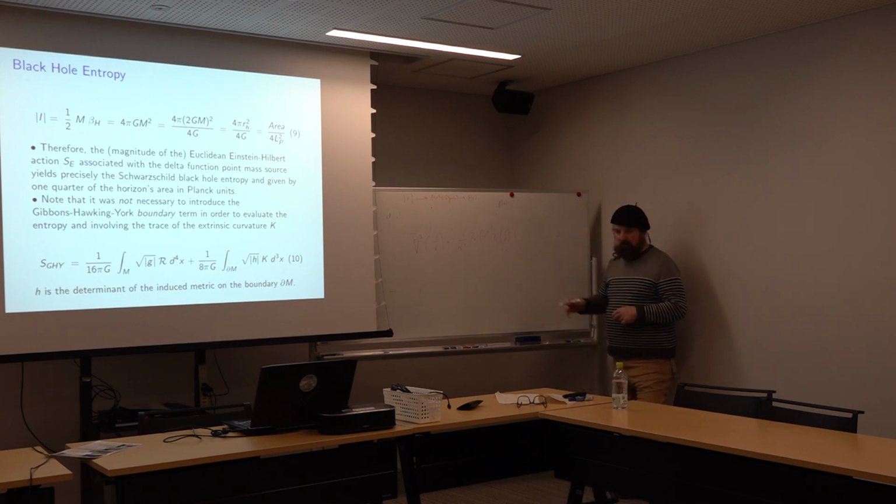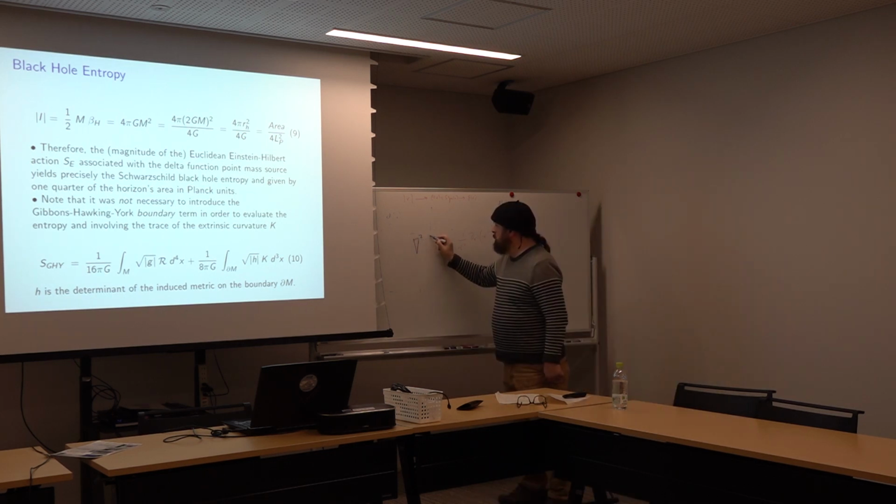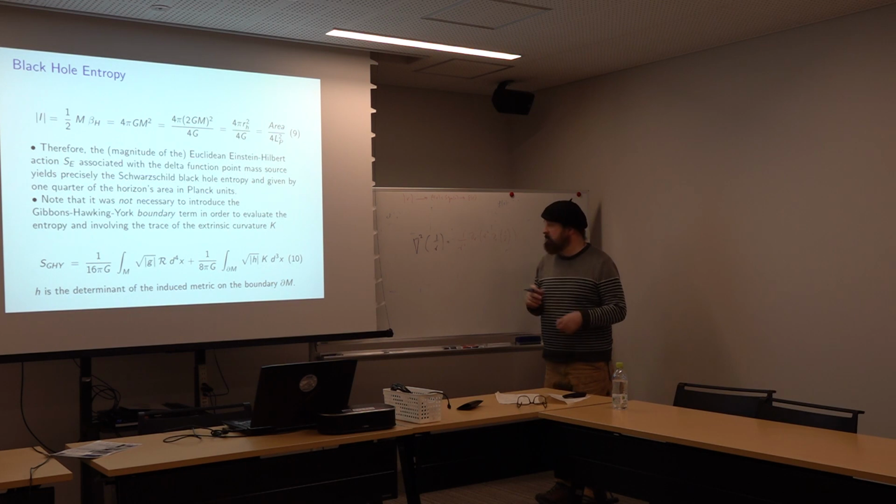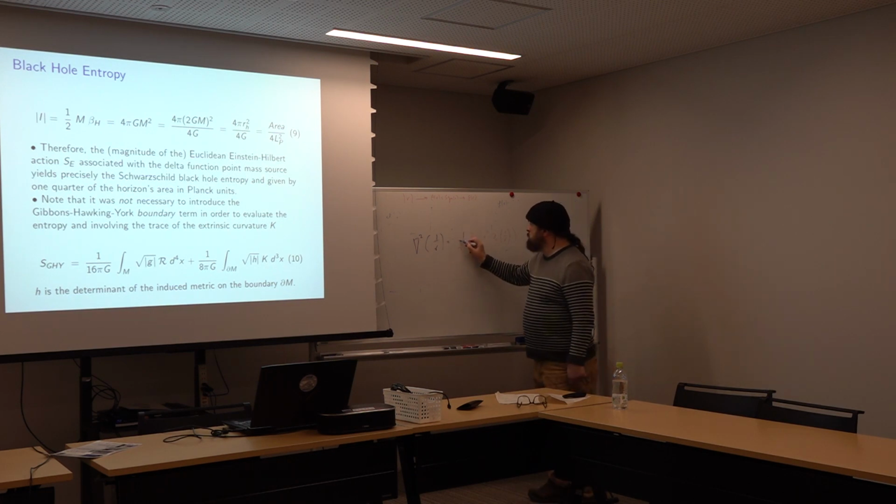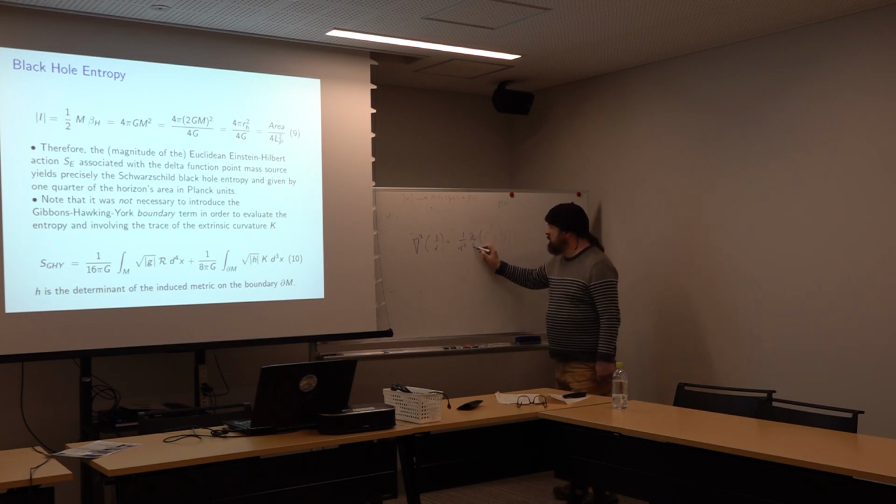Remember you are in 3 spatial dimensions in flat space. It's 1 over r squared. You have to have 2 derivatives. You have one derivative here, and the second derivative appears here.